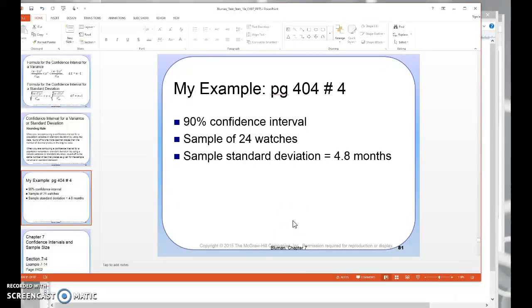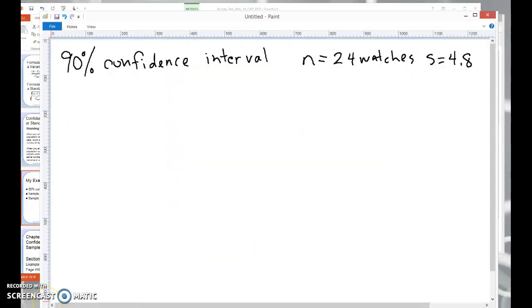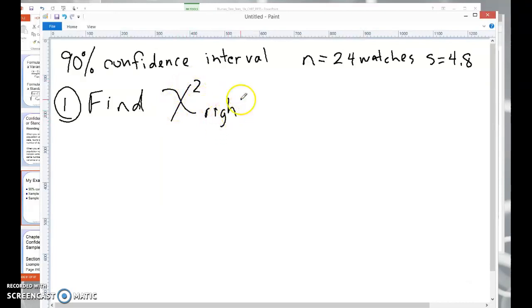Let's calculate a 90% confidence interval for a sample of 24 watches, knowing that these have a sample standard deviation of 4.8 months. The steps for this process involve the following. We first need to identify what chi-squared right is.